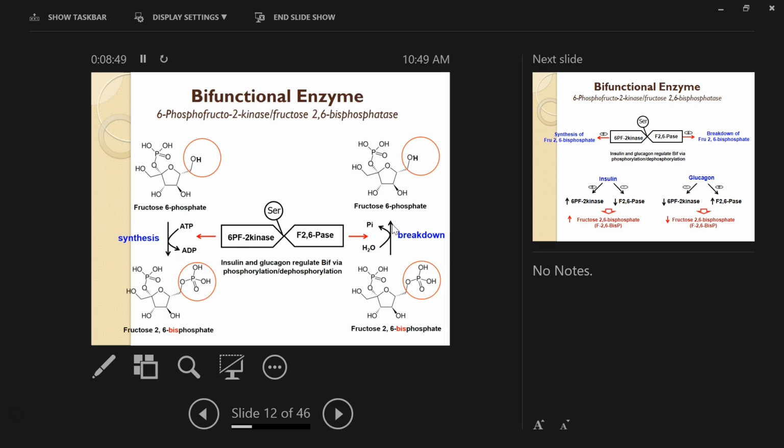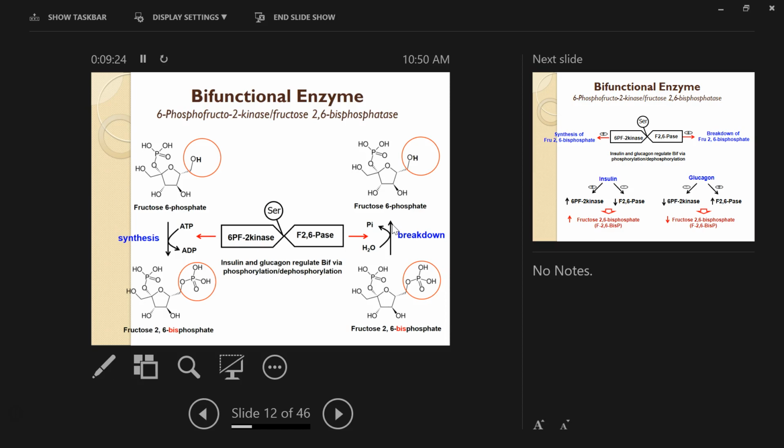So for example, one part of the bifunctional enzyme, phosphofructose 2 kinase, catalyzes the synthesis of fructose 2,6-biphosphate. This fructose 2,6-biphosphate is synthesized from fructose 6-phosphate, catalyzed by phosphofructose 2 kinase, right?